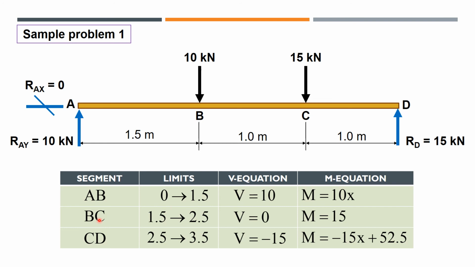For segment BC, limits 1.5 to 2.5, shear equation V equals 0, moment equation M equals 15. For segment CD, limits 2.5 to 3.5 meters, shear equation V equals negative 15, moment equation M equals negative 15x plus 52.5. By the way, do not forget the units.